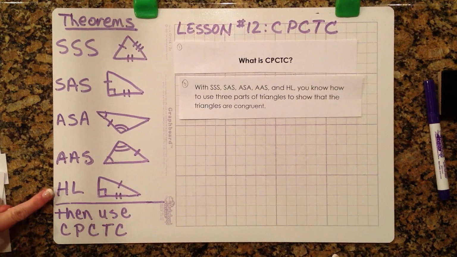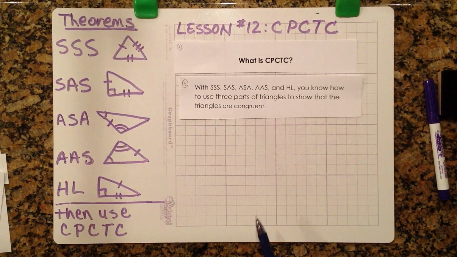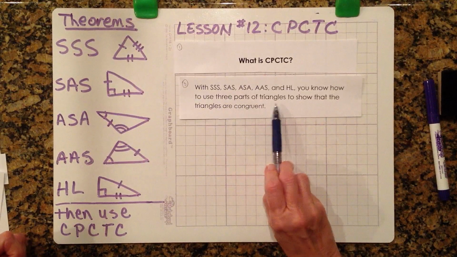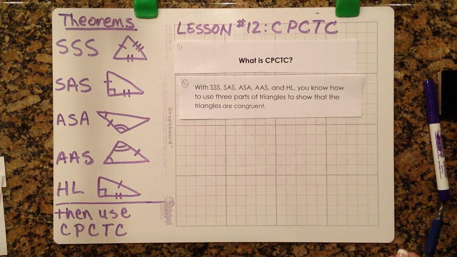With HL, you just have the hypotenuse and leg, but the third part is knowing that it's a right angle for the right triangle. So you only need 3 parts of the triangle to prove that they're congruent, but a triangle has 6 different parts.